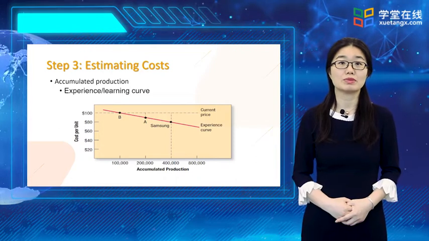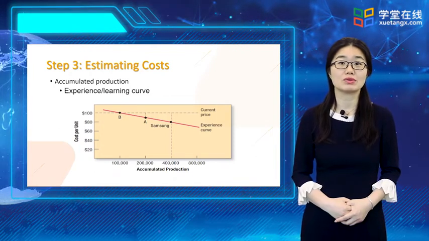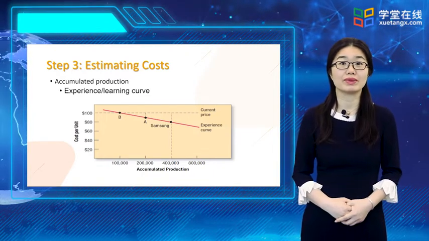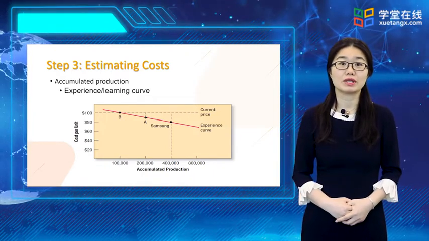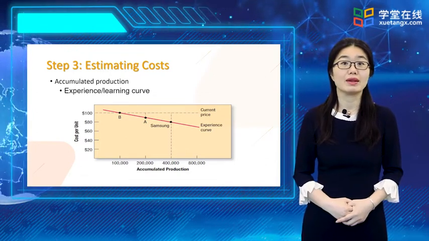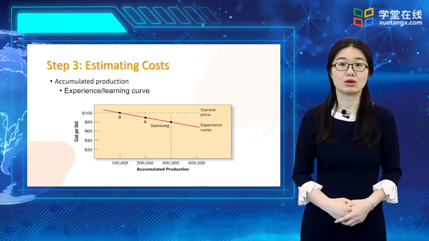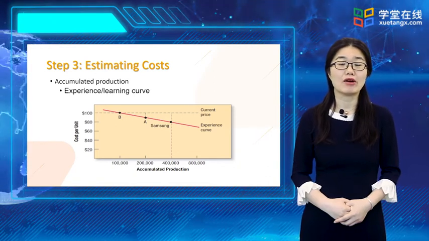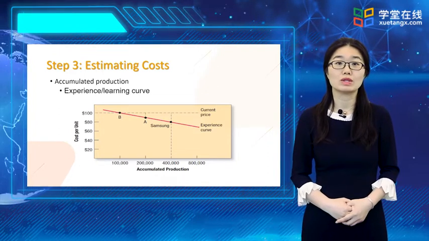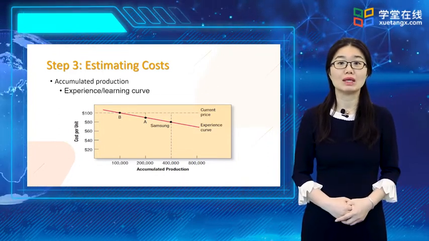When the company has produced the first 200,000 tablets, the average cost has fallen to $90. After its accumulated production experience doubles again to 400,000, the average cost is $80. This decline in the average cost with accumulated production experience is called the experience curve or learning curve.